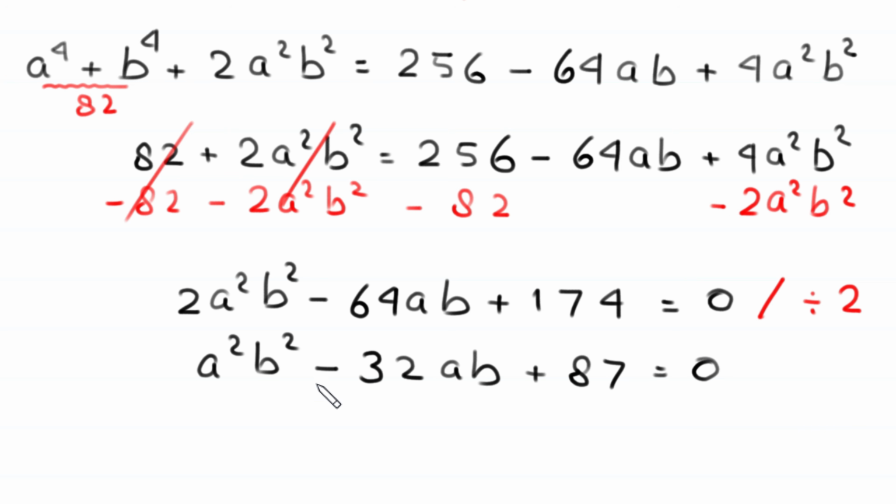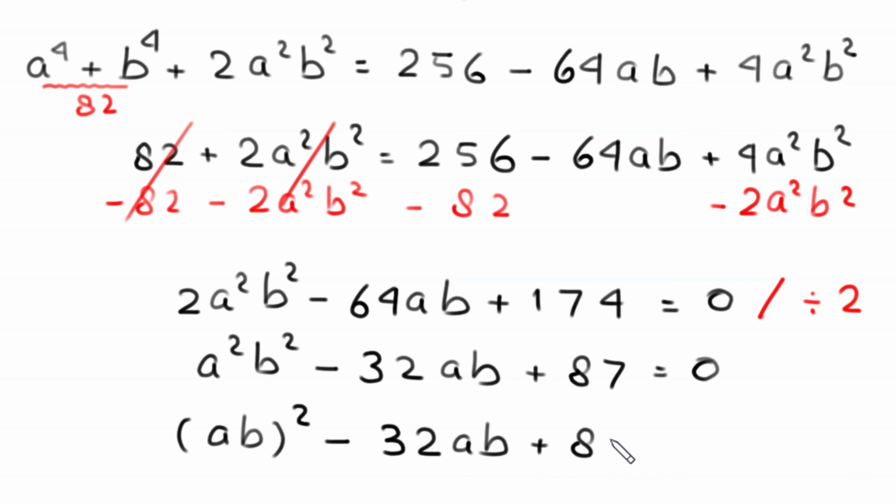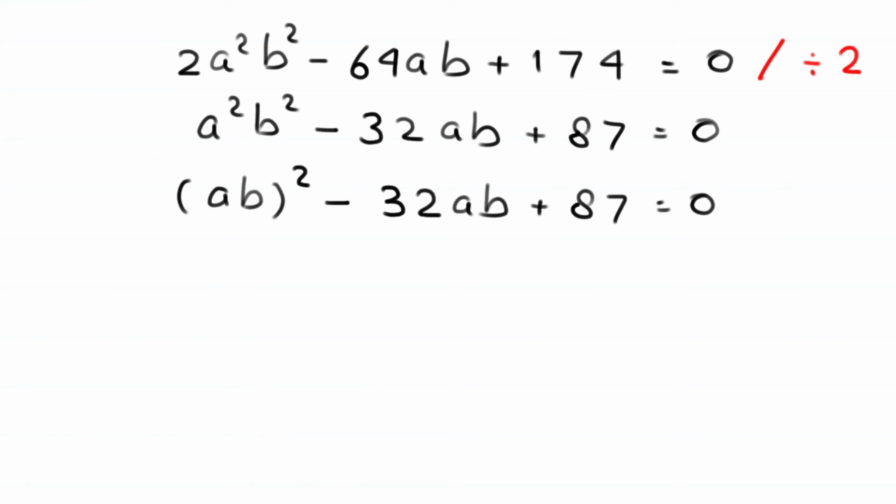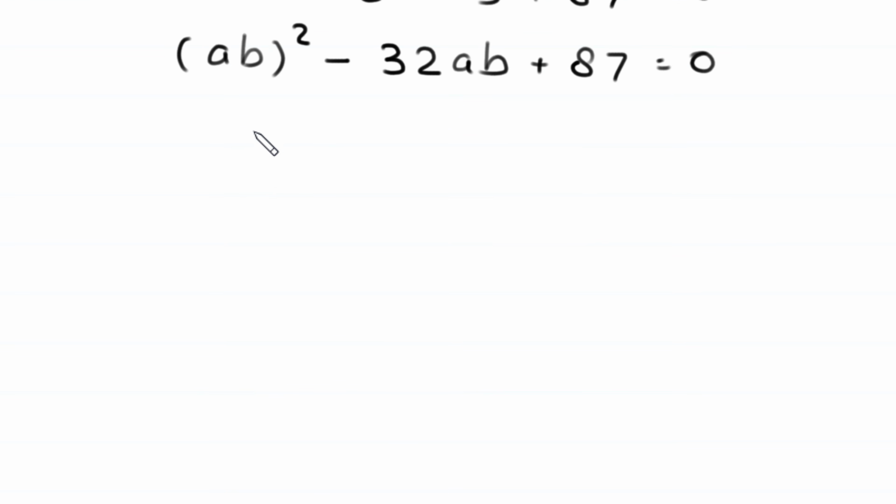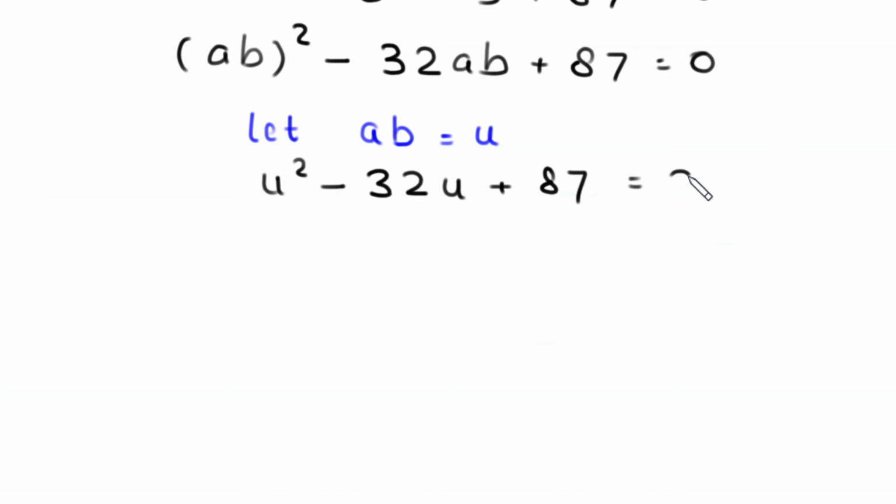We can rewrite this equation as ab whole squared minus 32 times ab plus 87 equal to 0. Now we suppose that ab is equal to u. So the equation will become u squared minus 32u plus 87 equal to 0.